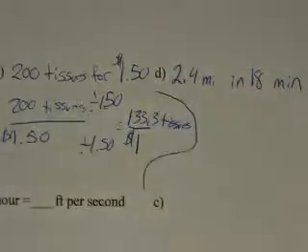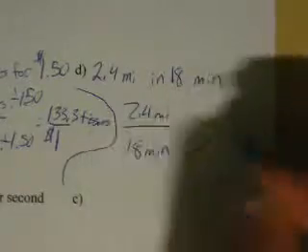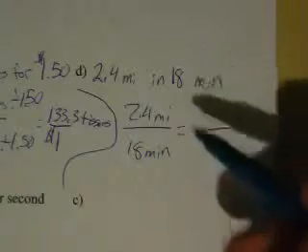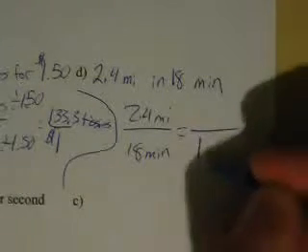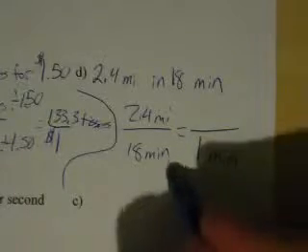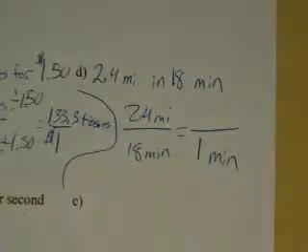Okay, letter D. Same thing. 2.4 miles, 18 minutes. Always have your units. You need your denominator to be 1. How many miles per minute? Which means 1 minute. Well, divide by 18, divide by 18.